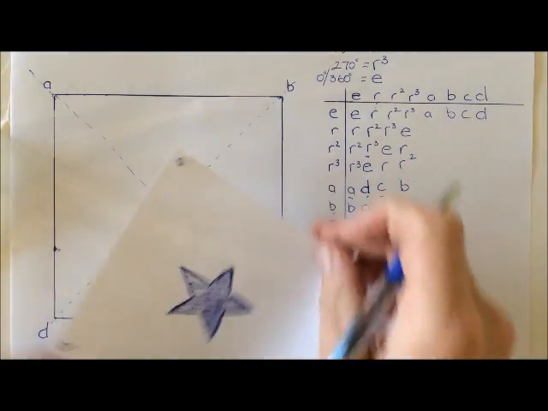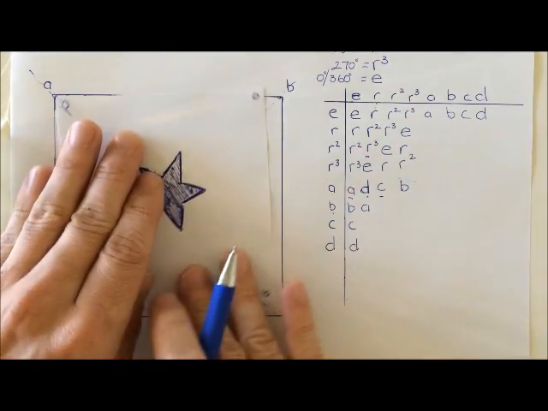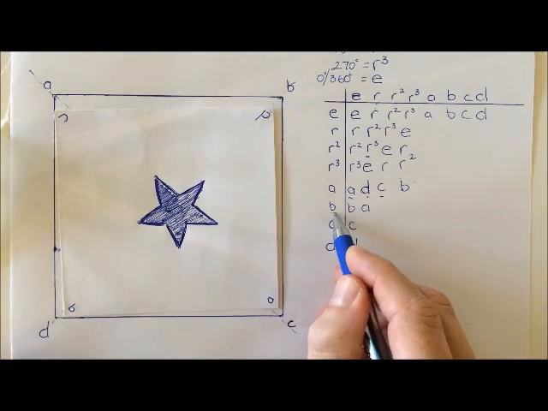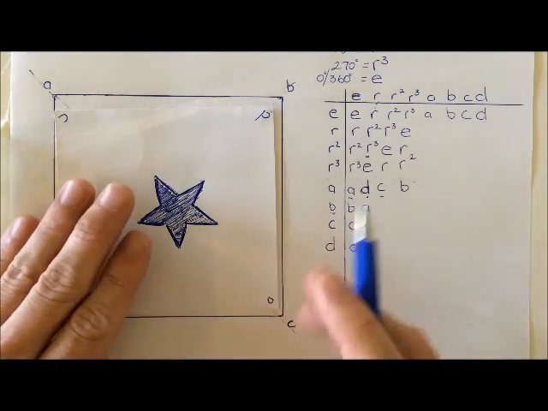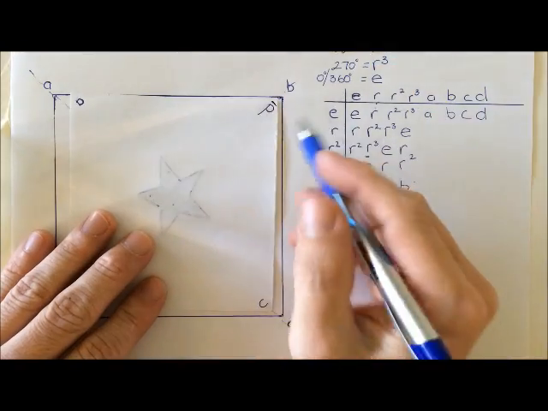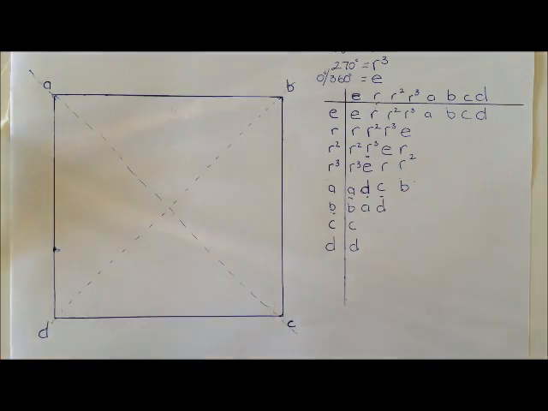We reset our shape to our starting position, we rotate twice, 1, 2, we flip along the B axis, and we take our value from B, which is D. We repeat.